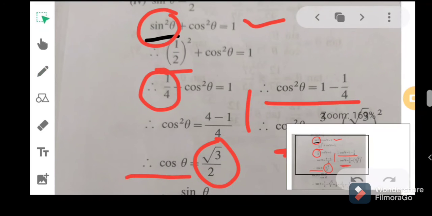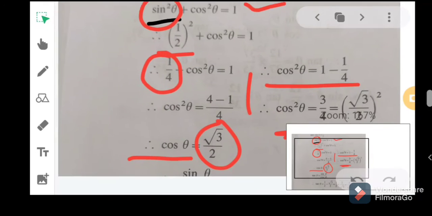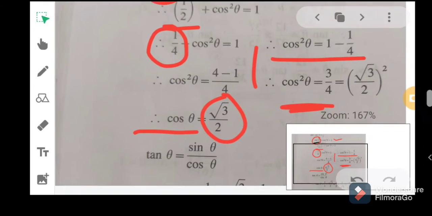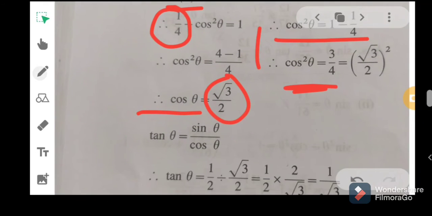Okay friends. Now we want tan theta. What is tan theta? Tan theta is sin theta upon cos theta. We know friends, sin theta is 1 by 2 divided by cos theta, root 3 by 2.